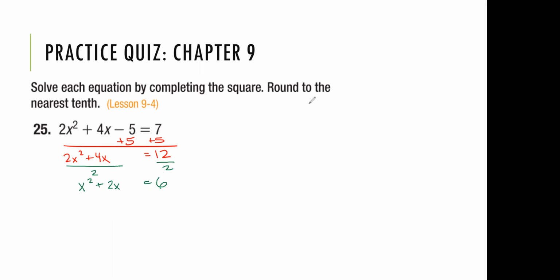So then I need to complete the square. I take half of 2 and then square it. Half of 2 is 1, and 1 squared is equal to 1. So I need to add 1 to both sides of my equation.